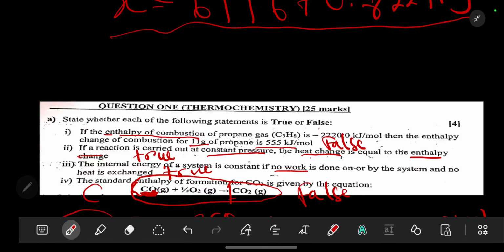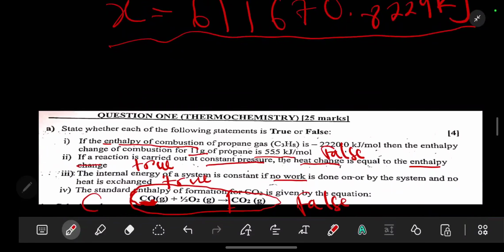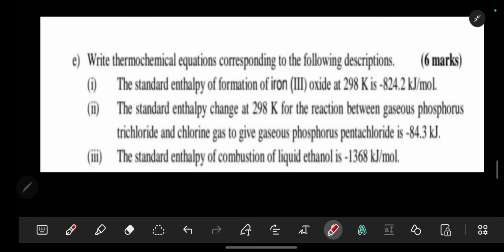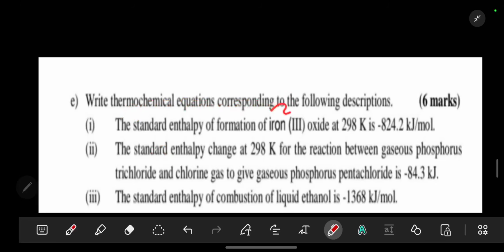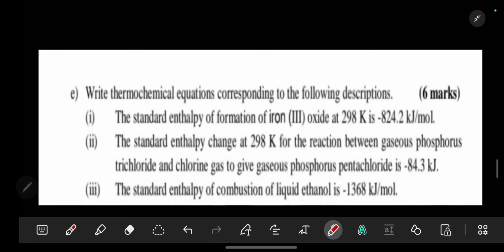So with that definition aligned, let's now answer these other questions. We have the standard enthalpy of formation of iron 3 oxide at 298 K. Write the thermochemical equation corresponding to it. We just need to produce one mole of the compound.